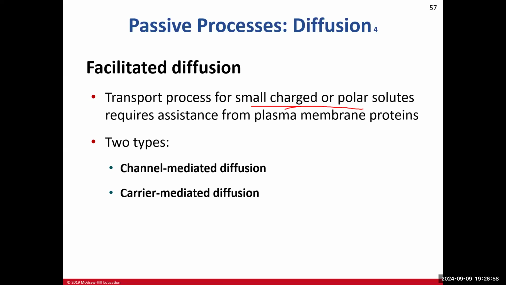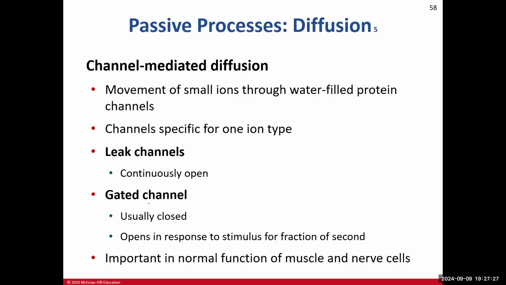So we're going to utilize some of our transport proteins that live inside the plasma membrane. So we're going to engage in facilitated diffusion, and there's two types: channel-mediated and carrier-mediated. And we'll spend a lot of time later on talking about channel-mediated. So those are the two types. And again, they're utilized for small charged or polar solutes.